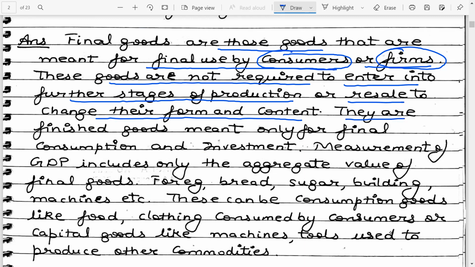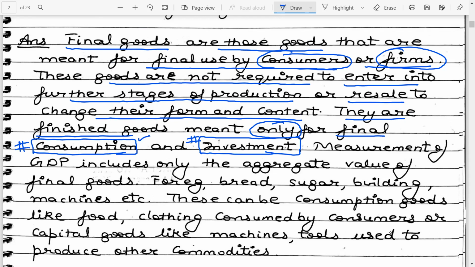They are finished goods meant only for final consumption and investment. So final goods can be used for consumption also, and final goods can be used for investment also. Now, final goods which are used for consumption are called consumer goods. Final goods used for investment are called capital goods.